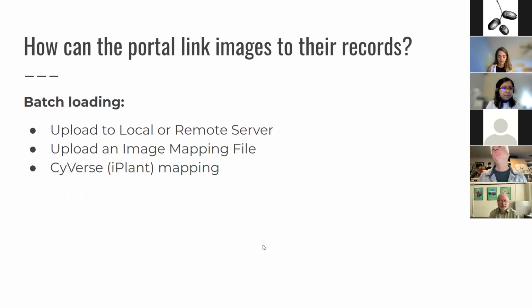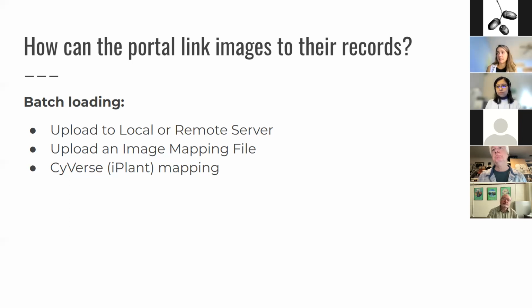Okay. And then what is probably going to be of interest to a lot of you folks if you're doing big digitization projects is batch loading options. There are three main batch loading options that you will be able to see in your collection management. They are uploading to a local or remote server. That's one type. There's also uploading to an image mapping file, which I'll explain in a moment.